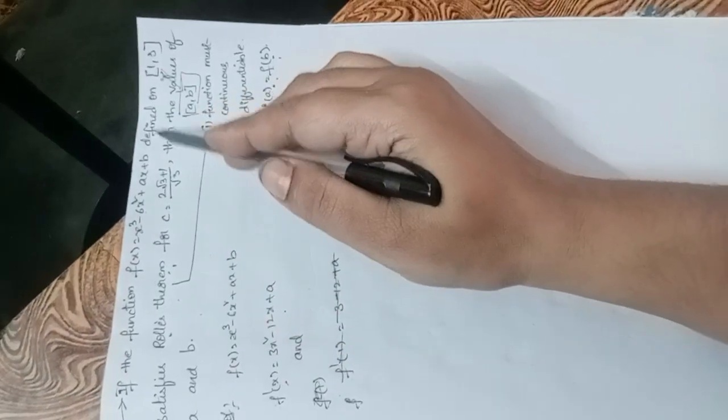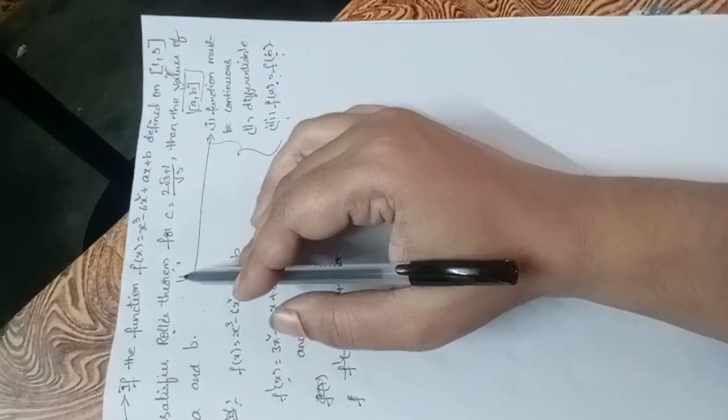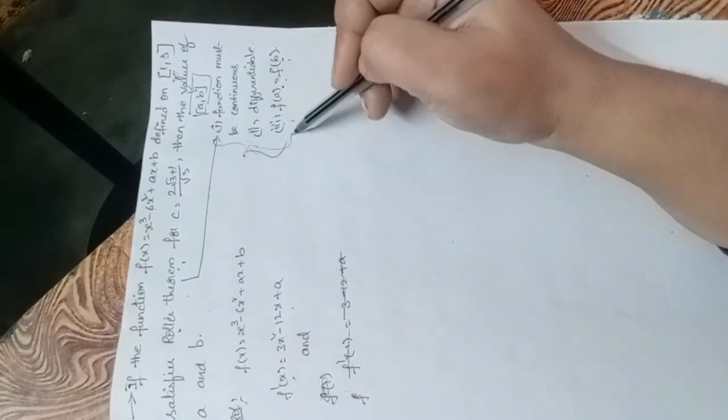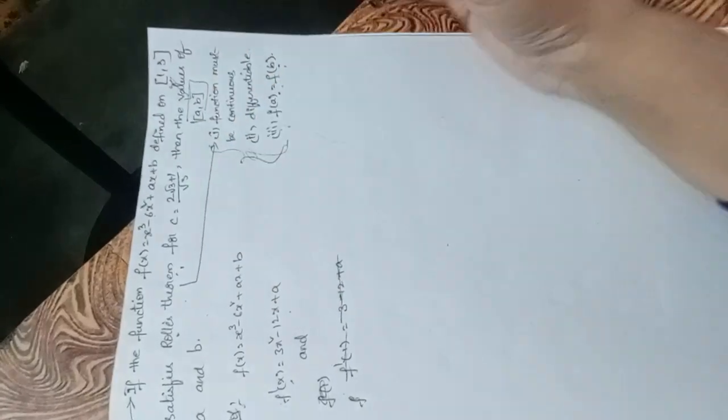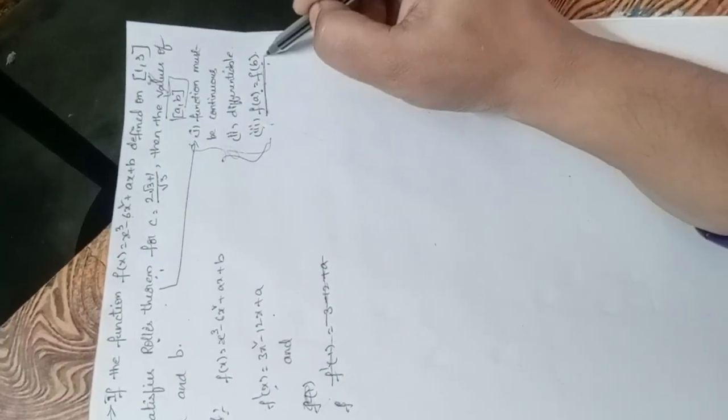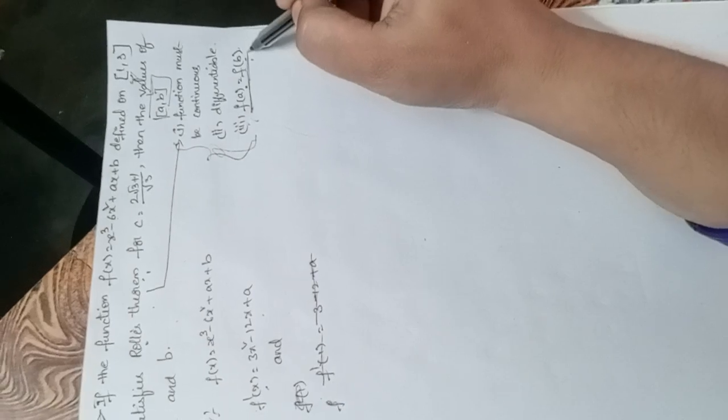It is already given in the question that it satisfies Rolle's theorem, so all three conditions must be applicable to this function. So I am taking the f of a equals f of b condition.